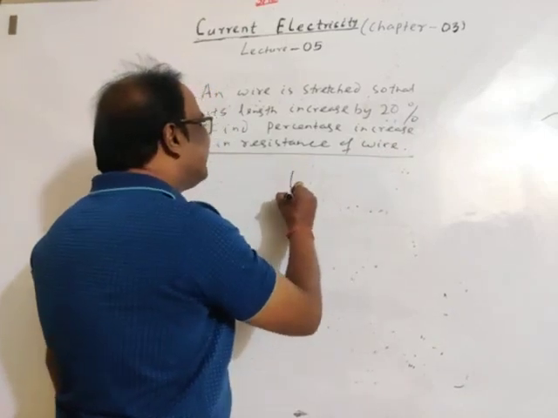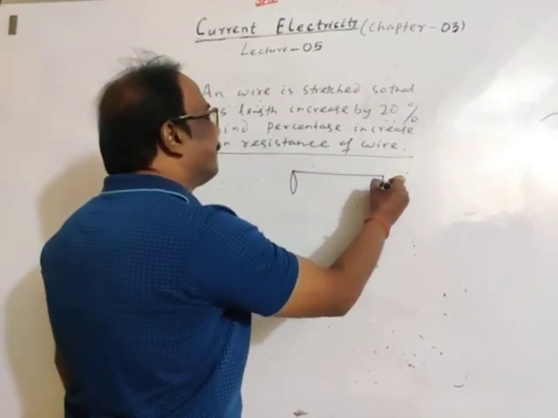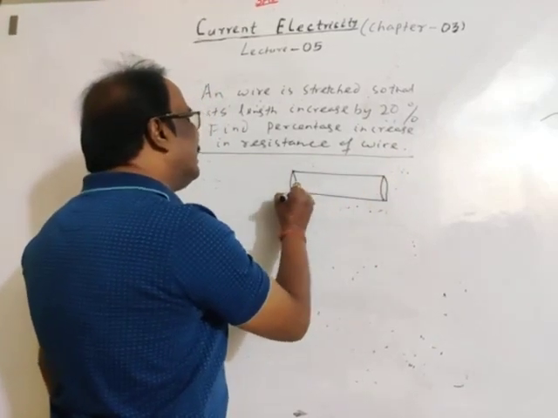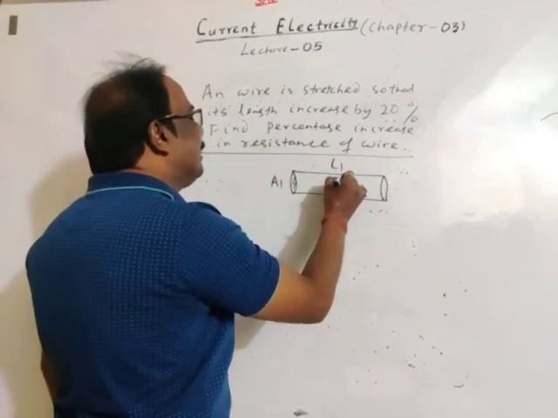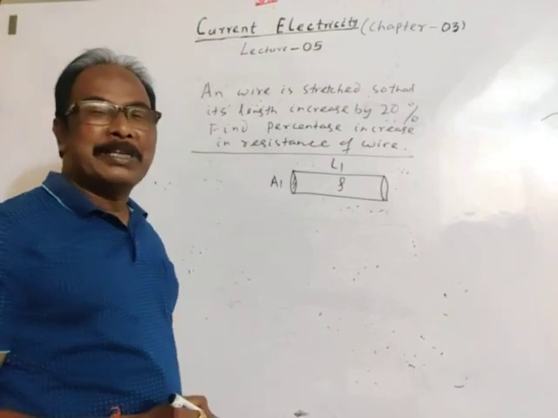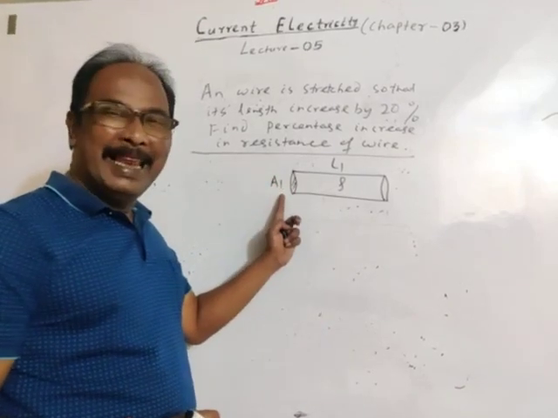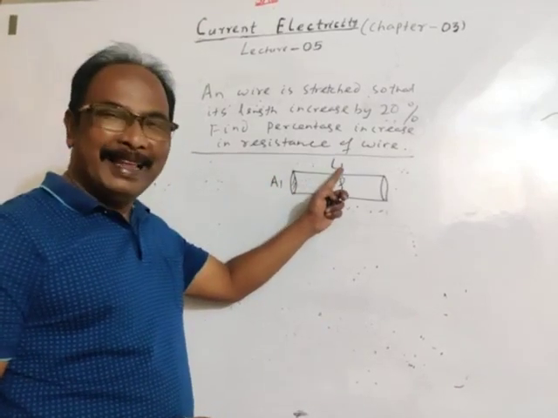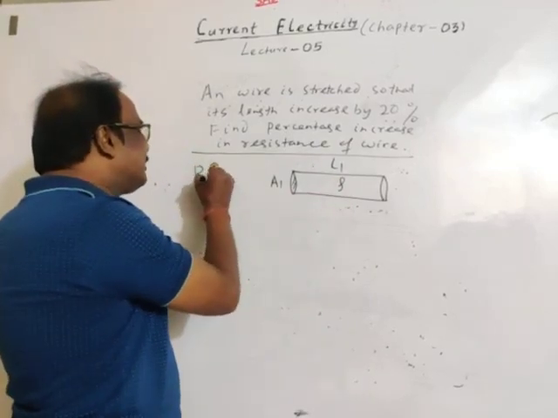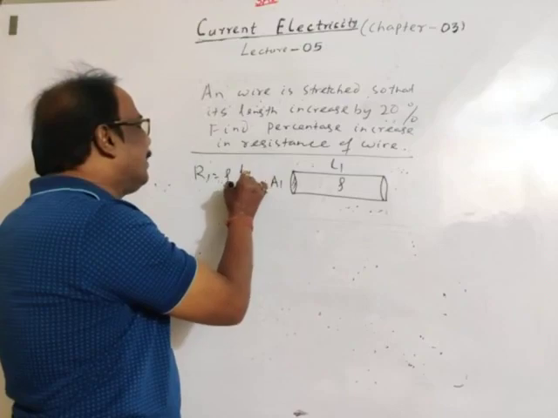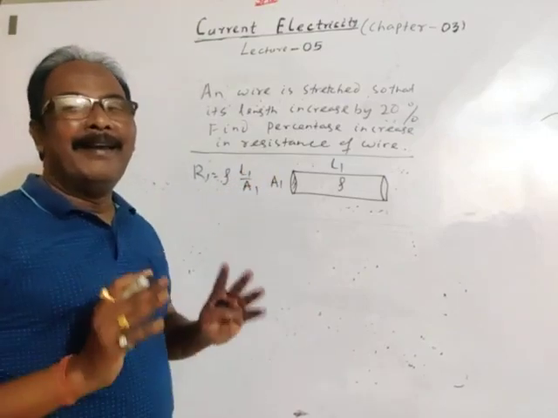Let's imagine this is the wire. Initial cross-sectional area A1, initial length L1, and resistivity is rho. Then initial resistance is rho L1 by A1.